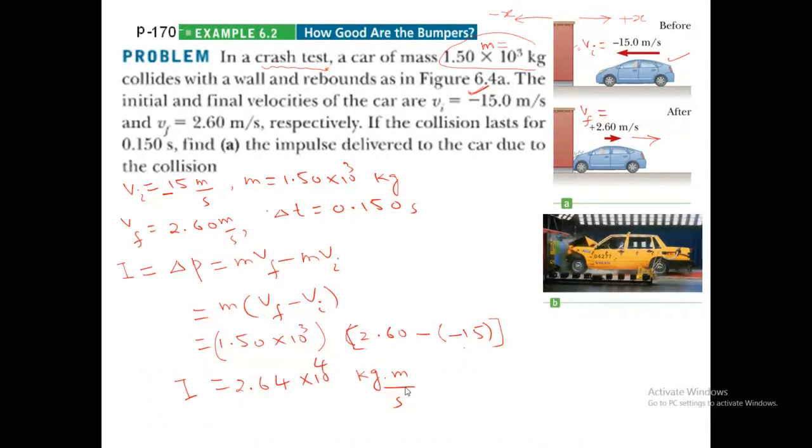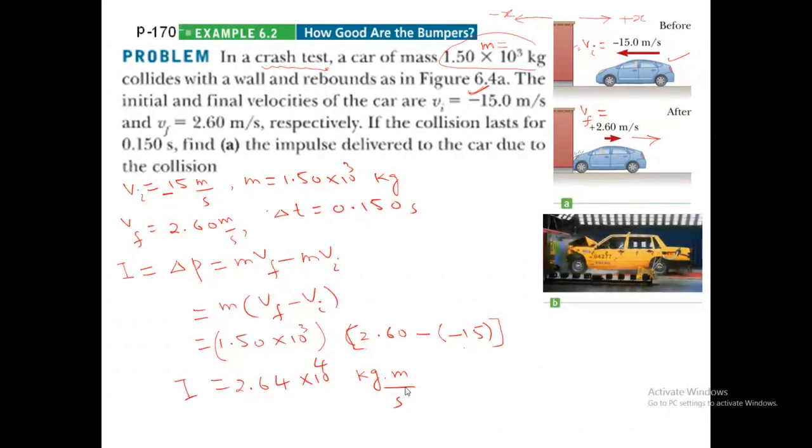You have two rules. m vf minus m vi, yes, this is one rule.